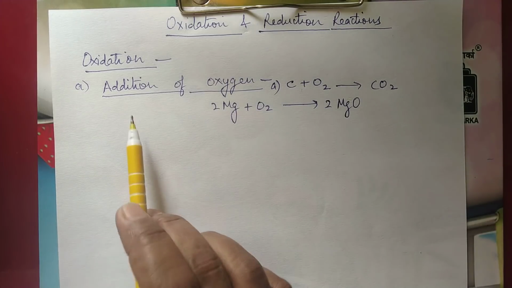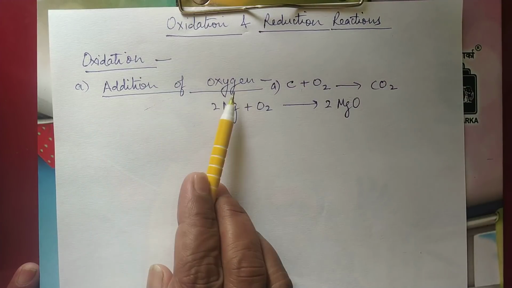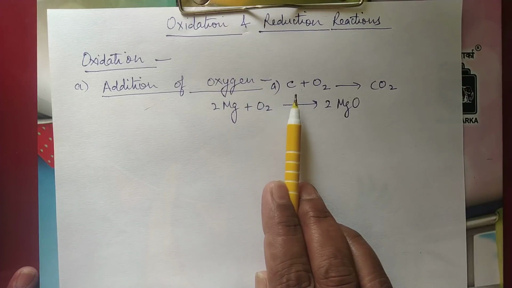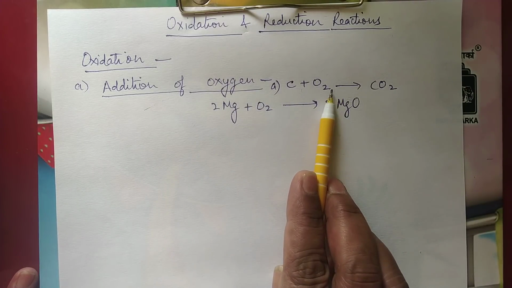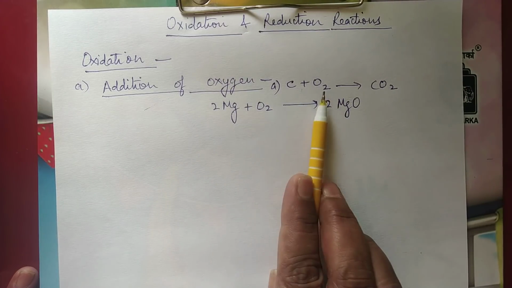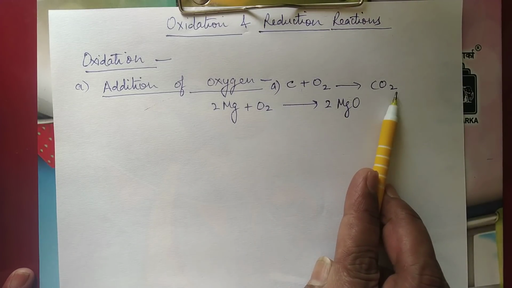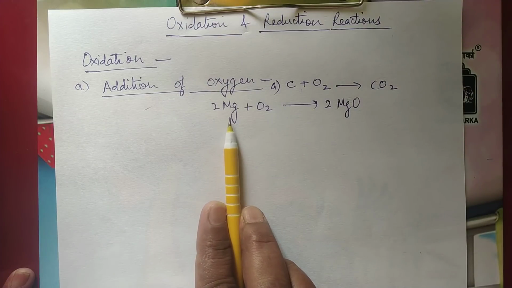In an oxidation reaction, you very well know, addition of oxygen to some element is considered to be oxidation. Suppose we have an element carbon, we add oxygen to it and we say carbon is getting oxidized, or we can say oxidation of carbon is taking place. Magnesium is an element.